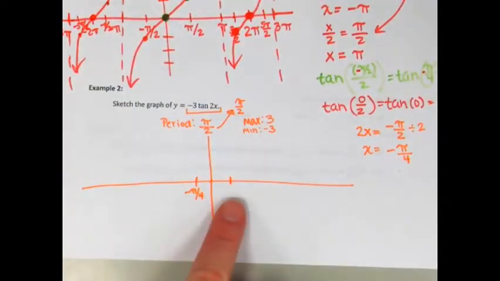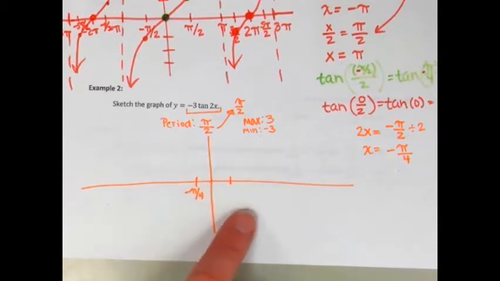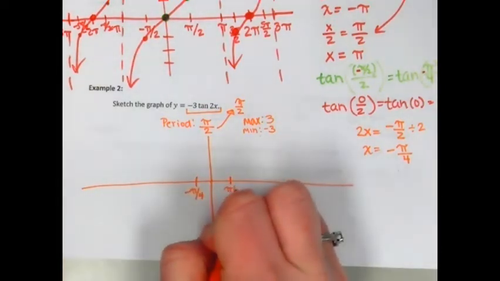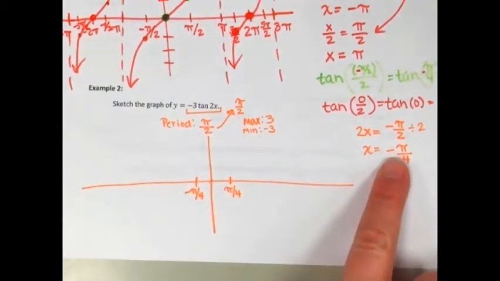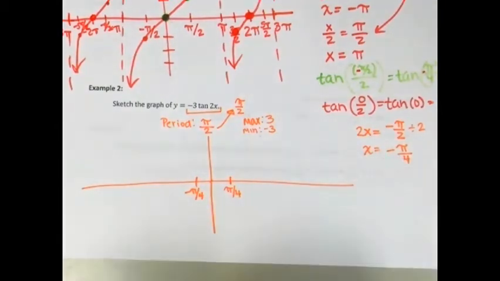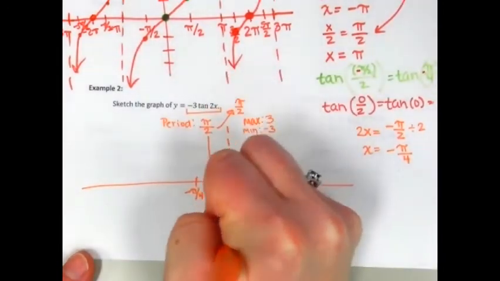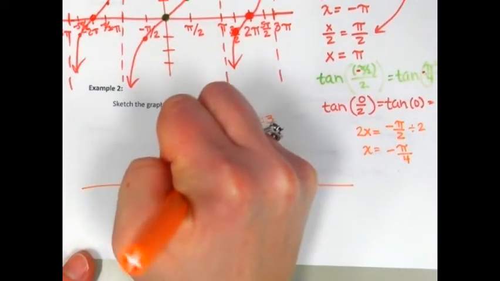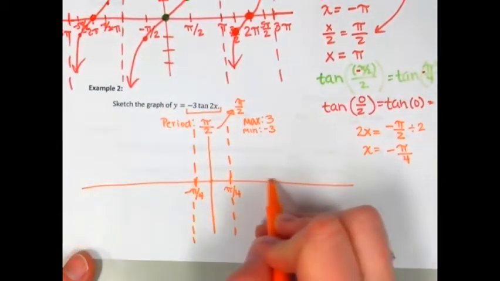Does anyone know what it would be to the right now? From 0 to pi over 4 is like 25, right? So when I have to go 25 to the right, wouldn't that be a positive pi over 4? If you don't know that, once you have the left side, just take off the negative, and that's your right side. So we have a vertical asymptote at pi over 4 and negative pi over 4. Now, could we find our next vertical asymptote?